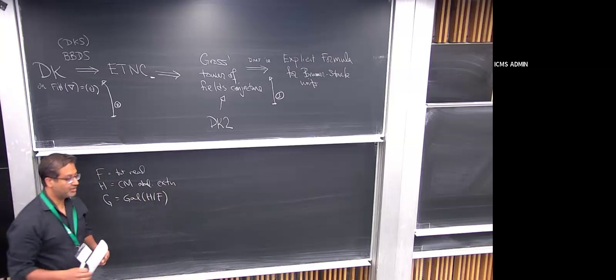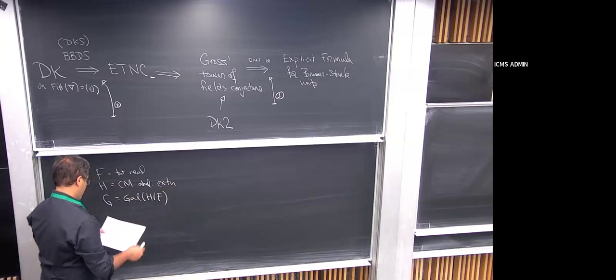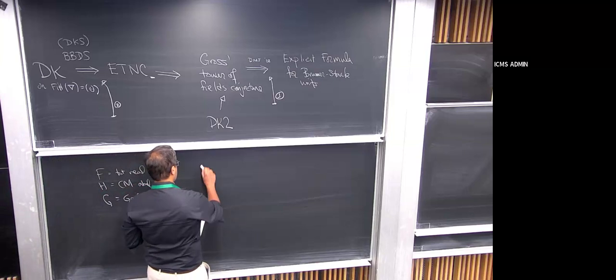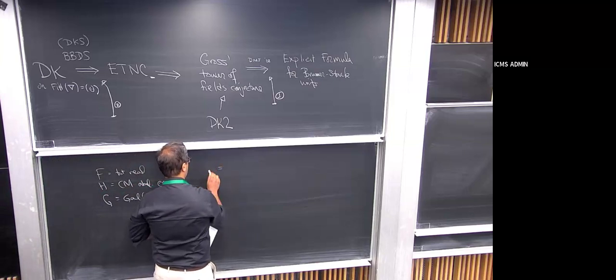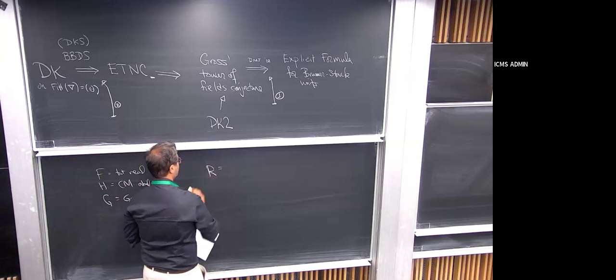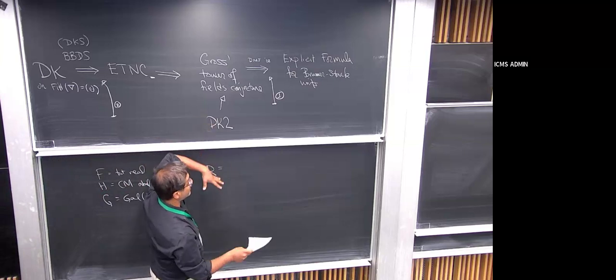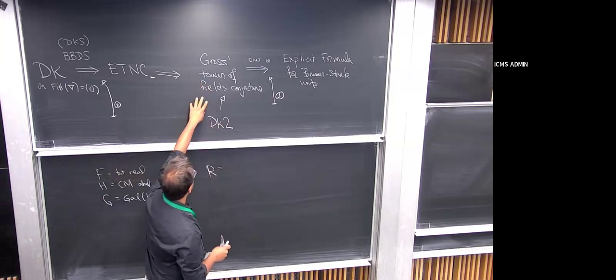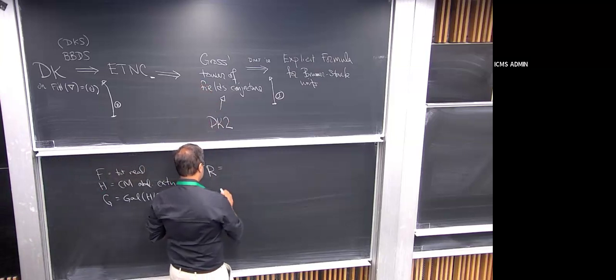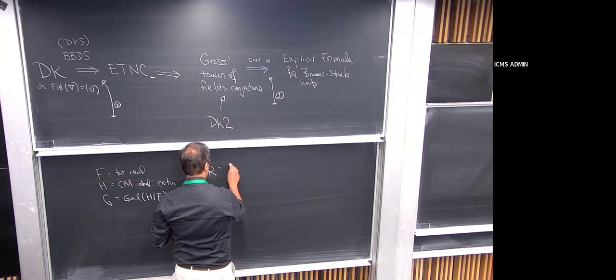Okay. Let's see. All right, and then S is going to be, actually, you know what? I'm going to slightly alter notation if you don't mind, because it'll be useful for when I talk. The point of what I'm doing now is to state Gross's conjecture, by the way, in case you're wondering what I'm doing. To state Gross's conjecture, what I called S before, I'm going to call R, if you don't mind.